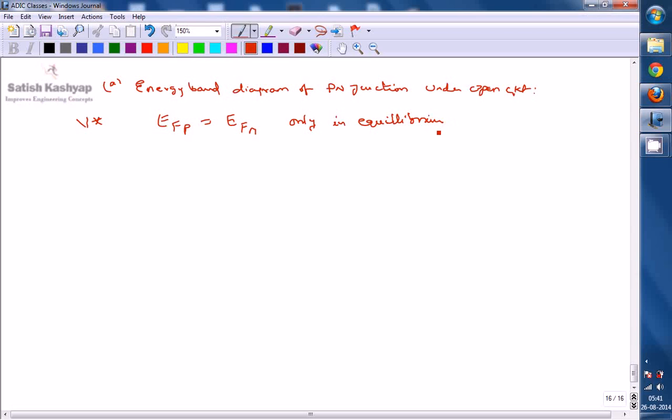So from this point onwards we can start the energy band diagram. It is very easy to draw. Every PN junction consists of a depletion region. The depletion region is also called the potential barrier, which has two important parameters: the width of the potential barrier and the height of the potential barrier.